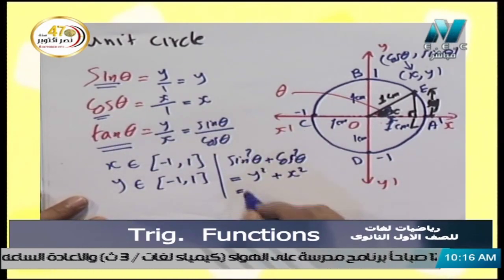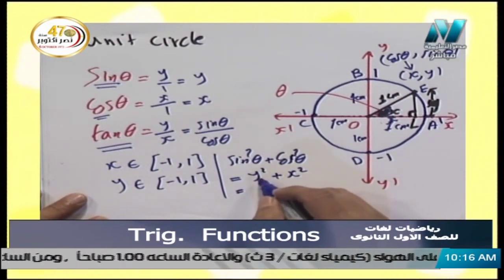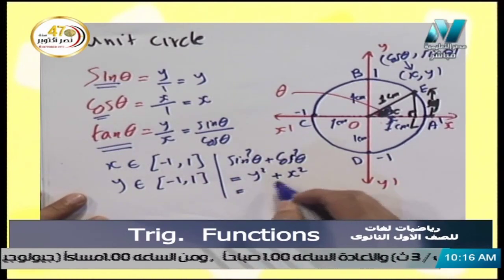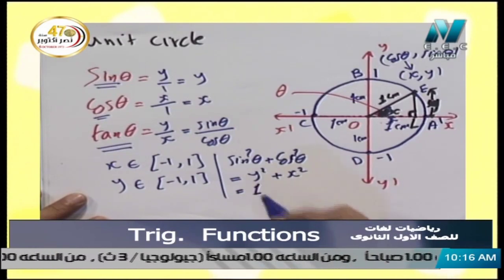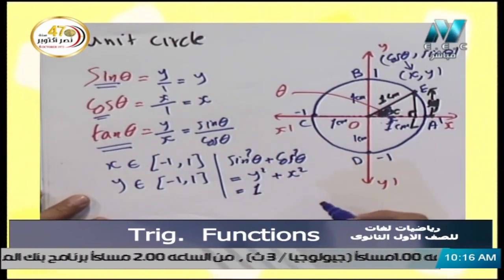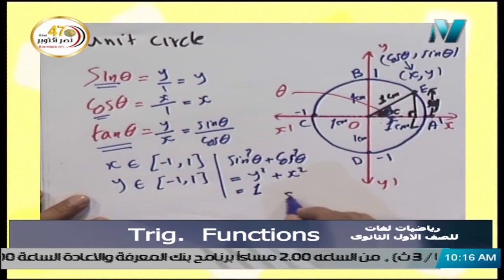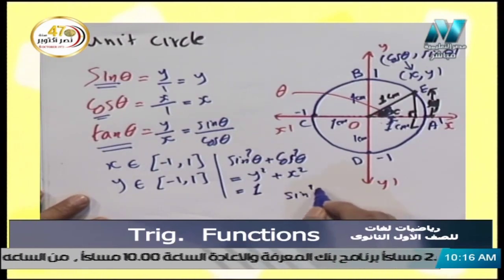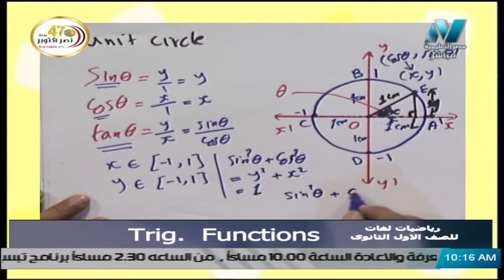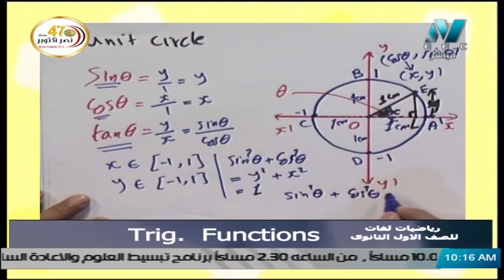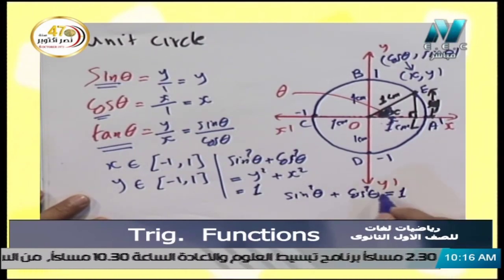And we know that y power 2 plus x power 2 equals 1. So we can deduce also that sine power 2 theta plus cosine power 2 theta equals 1.